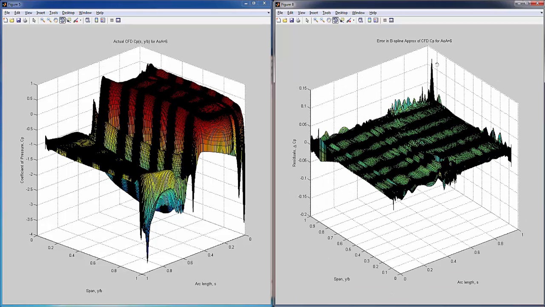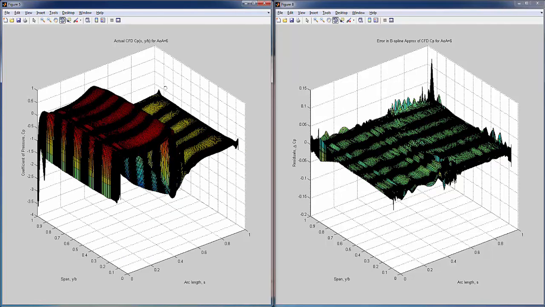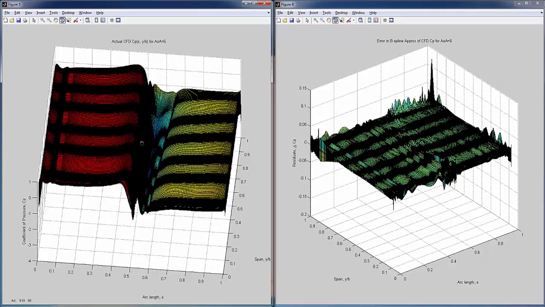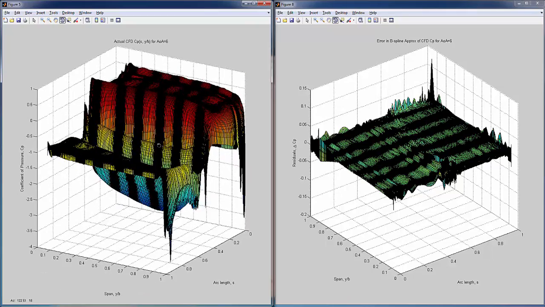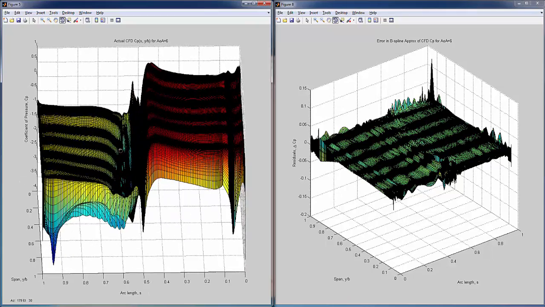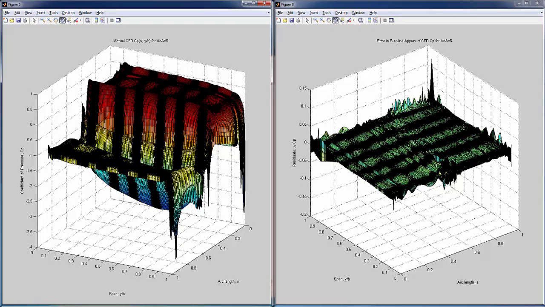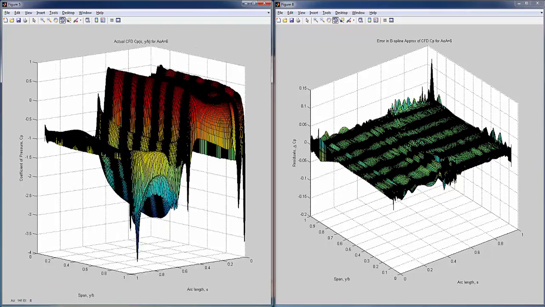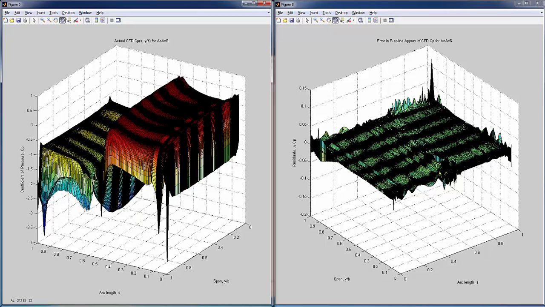Our greatest error is near the trailing edge, near the wingtip, which corresponds to this location on the CFD. Arc length of about 1, span of about 1. If we look at that location for the CFD, there's a very high gradient, but we do not exactly know why there's a larger error there than here near the arc length value of 0, which would correspond to this location.